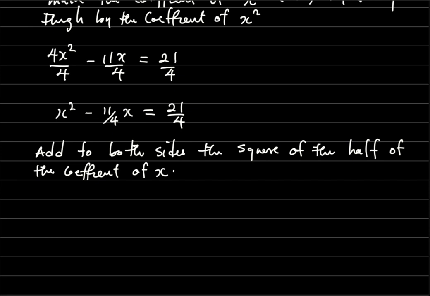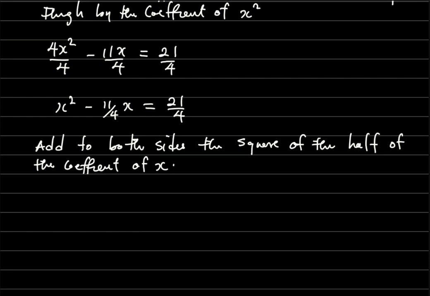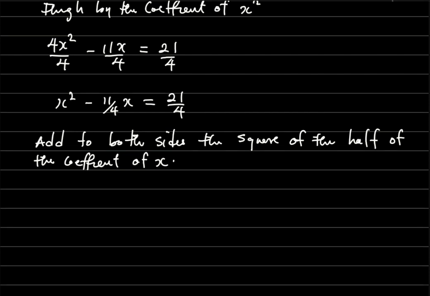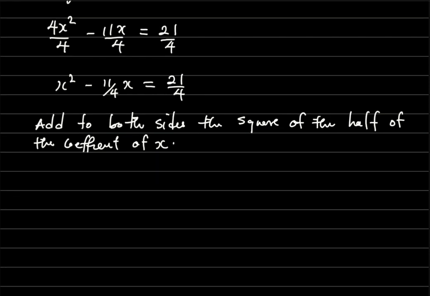I need you to follow me gradually to really understand what I'm going to be doing here. We need to know the coefficient of x. What is the coefficient of x? The coefficient of x is minus 11 over 4.